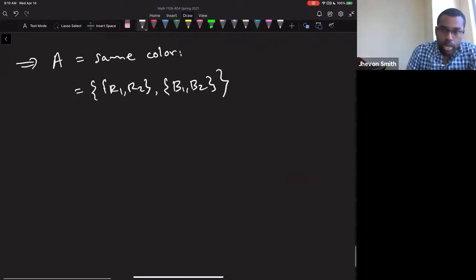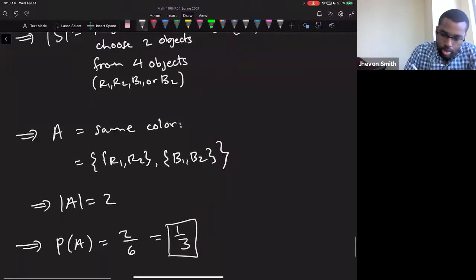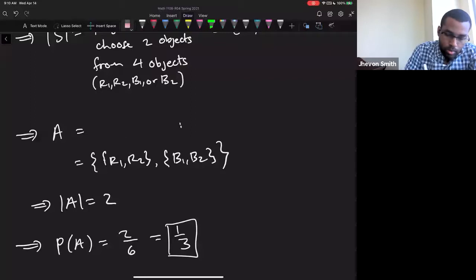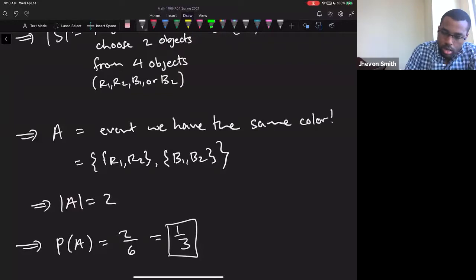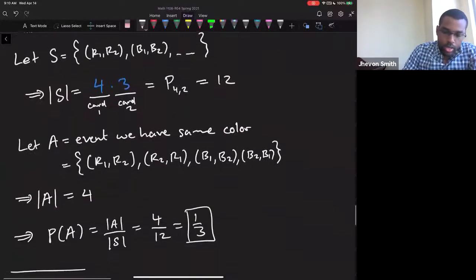And you don't really care about the order, but that still leaves you with the size of A is 2. And so the probability of A is 2 over 6. Right, so the numbers are the same here, but visualizing it was different.